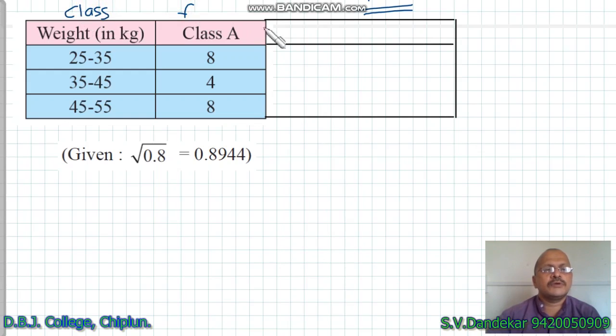Frequencies are given to us. Let us write one column for class mark. 25 to 35, that means class mark is 30, 40 and 50.